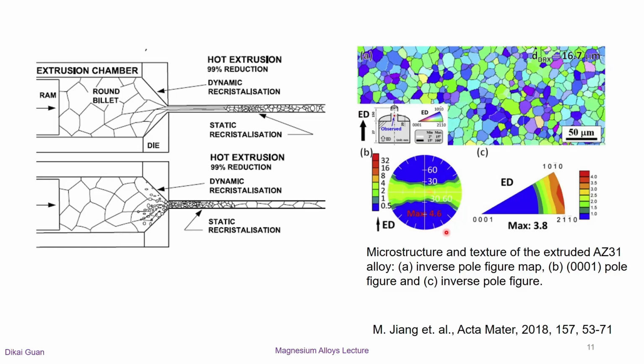The 0001 pole figure and corresponding inverse pole figure reveal a typical non-fiber texture without specific crystallographic directions parallel to the ED, in which the texture components tended to distribute homogeneously along the arc between 10-10 and 2-1-10.